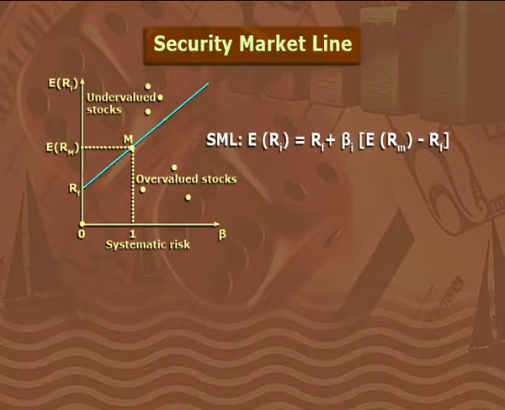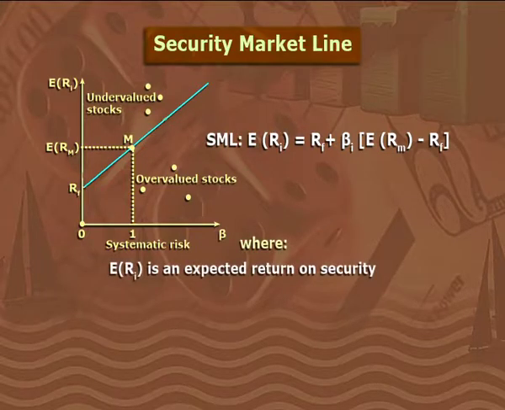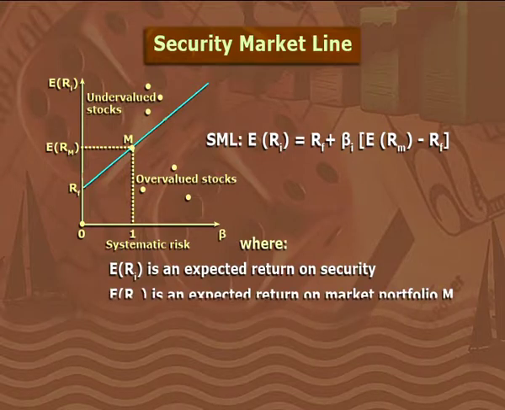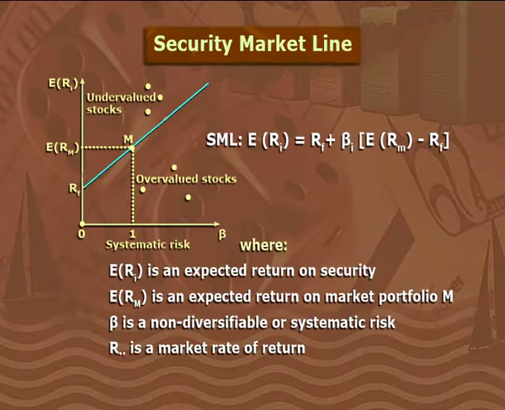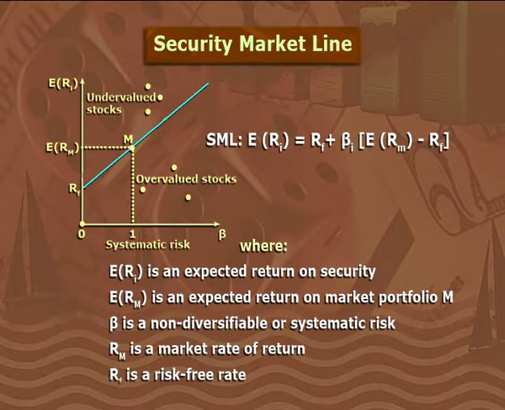It is shown as E(Ri) equals Rf plus beta i multiplied by (E(Rm) minus Rf), where E(Ri) is the expected return on the security, E(Rm) is the expected return on market portfolio M, beta is the non-diversifiable or systematic risk, Rm is the market rate of return, and Rf is the risk-free rate.